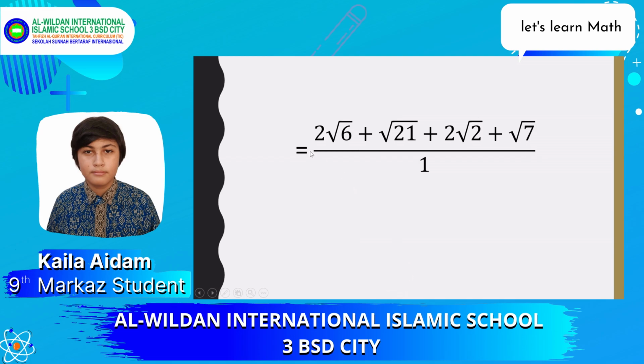So 2 times square root 6 plus square root 21 plus 2 times square root 2 plus square root 7 divided by 1. So the answer is 2 times square root 6 plus square root 21 plus 2 times square root 2 plus square root 7.